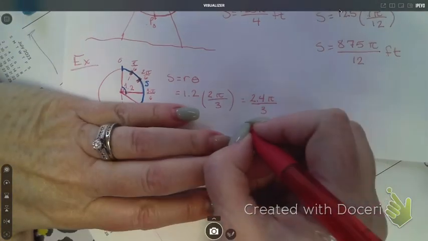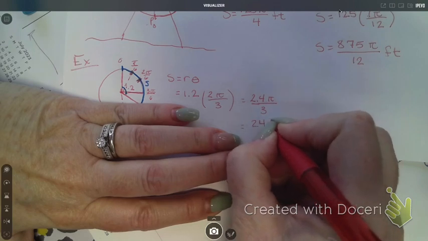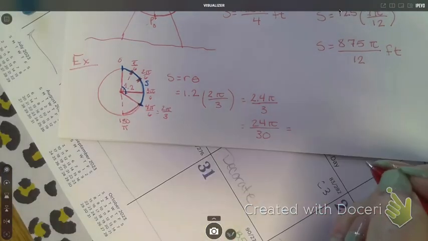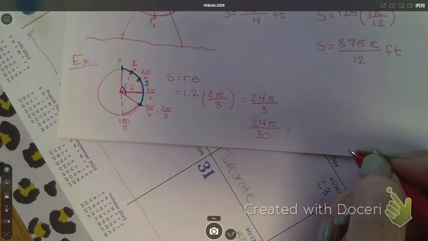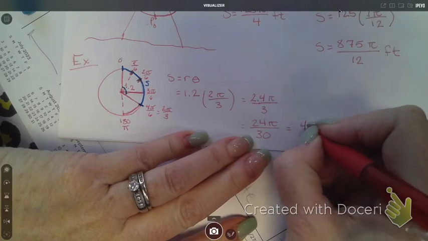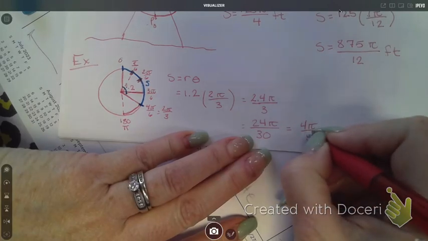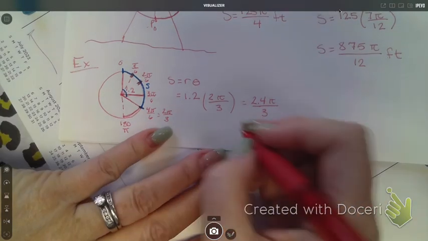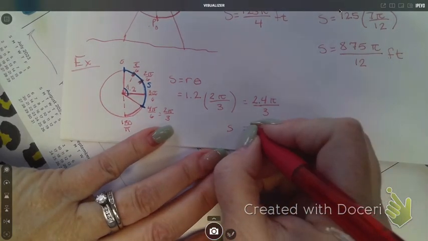So that gives me 24 over 30. Now can I reduce that? Yeah. By what? 6. So it gives me 4 pi over 5 centimeters, because we're looking for S, right? Yes. And then I'd put that in my calculator.